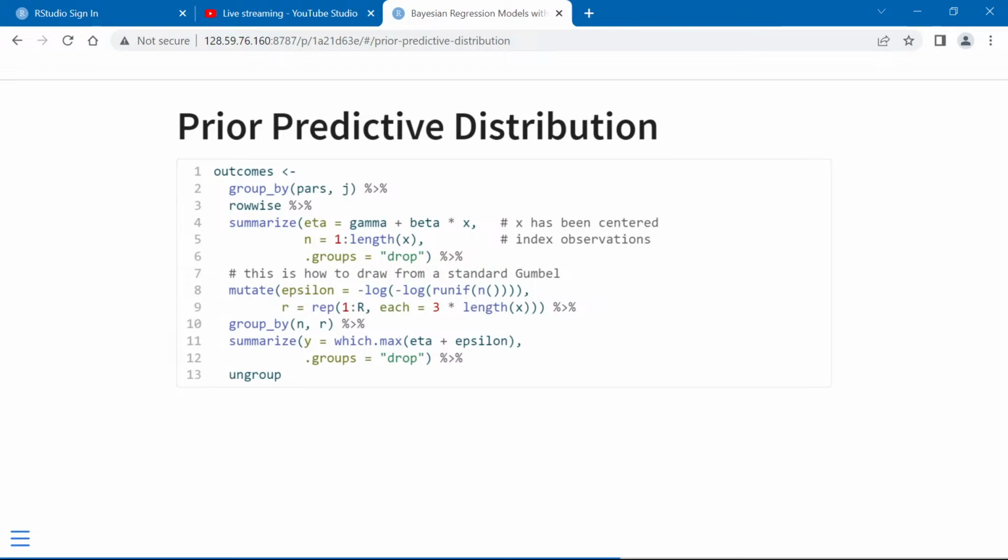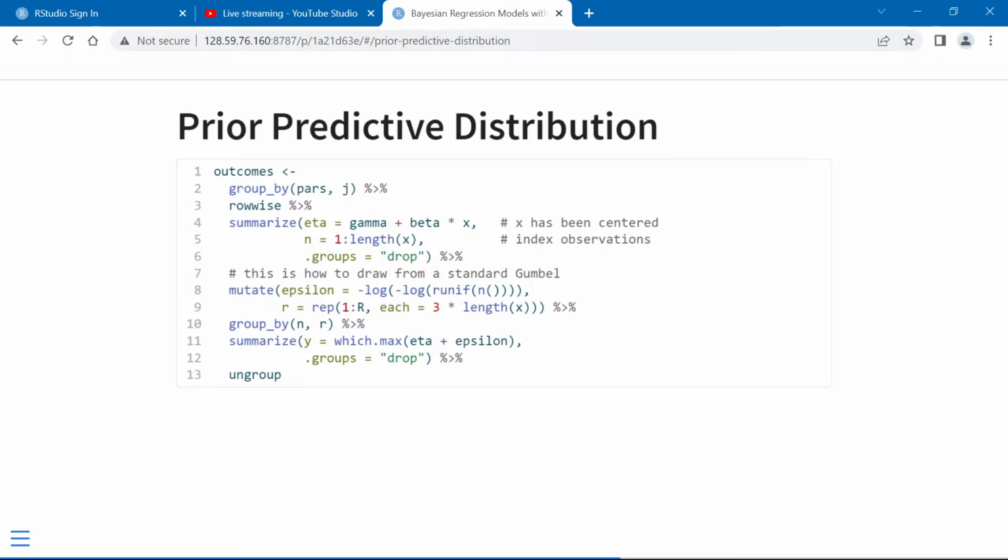And so for the jth brand of orange juice, we're going to get an eta, gamma plus beta times x, presuming x has already been centered. Keep track of which observation, because we're going to need that later. Then, once we're done with all 3 brands of orange juice, we're going to draw errors from a standard Gumbel distribution, which can be done by taking draws from a standard uniform, the logarithm, so that's going to be a negative number.